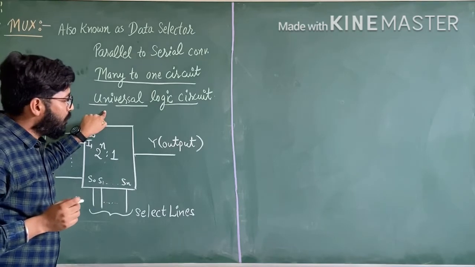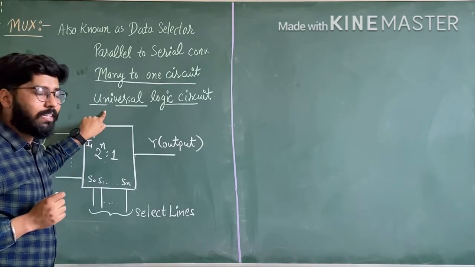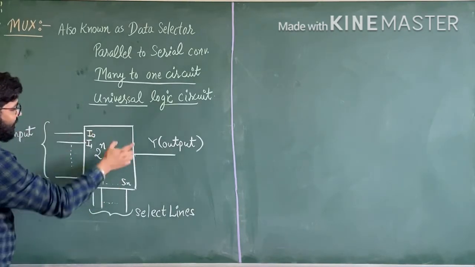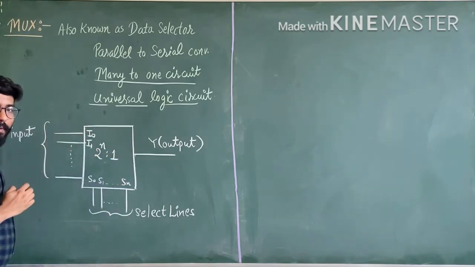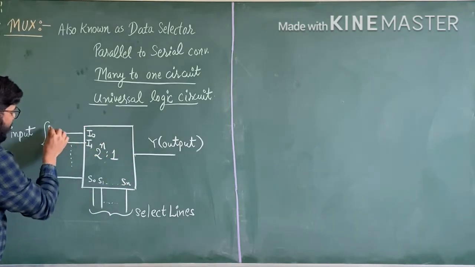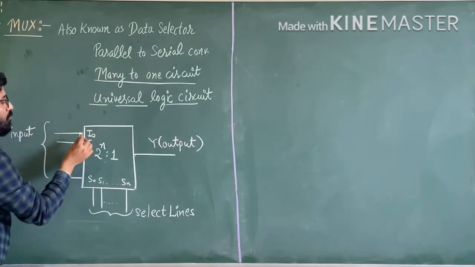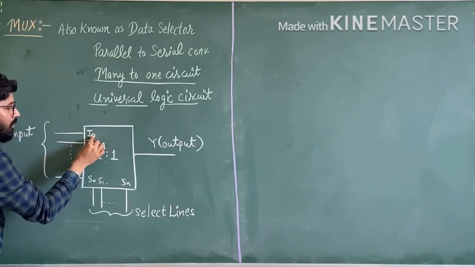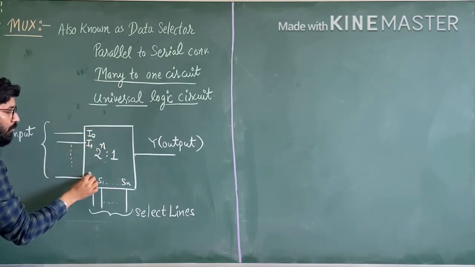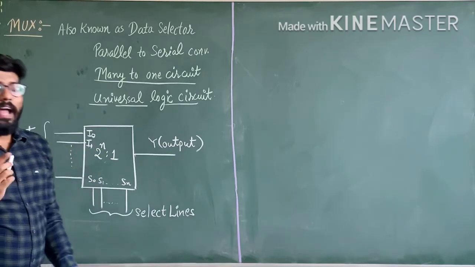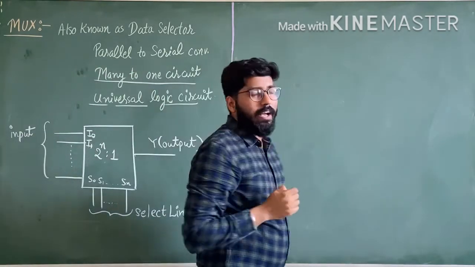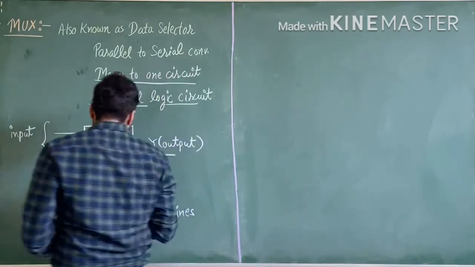Okay, now comes the general definition of multiplexer. This is the general block diagram of a multiplexer. Suppose we have many inputs, I0, I1 up to 2 raised to the power n minus 1 inputs.